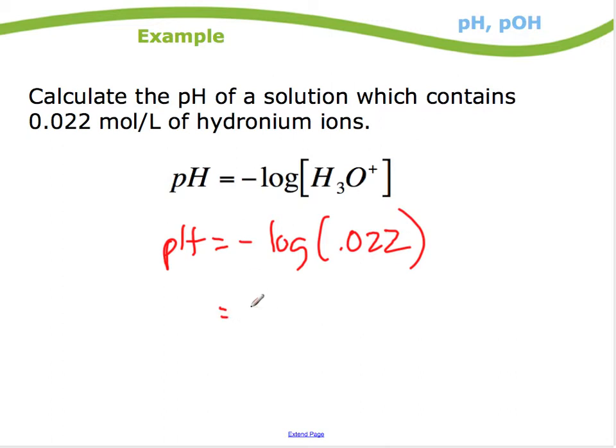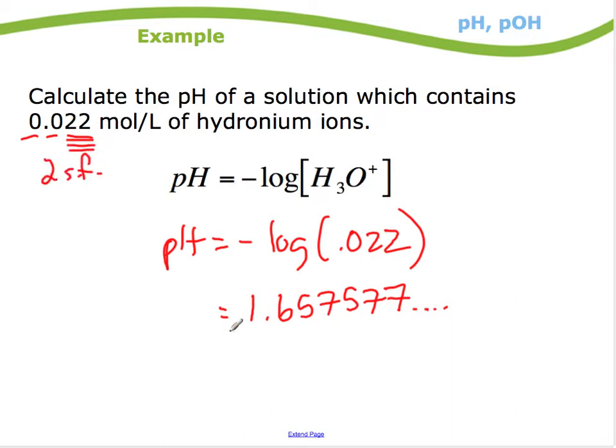So in this case, my answer came out to 1.657577, etc. Now, sig figs with pHs are a little bit different than you've seen in previous classes. For the sig figs that you're given originally, like in this question here, leading zeros don't count. So in this case here, I'd only have 2 sig figs.